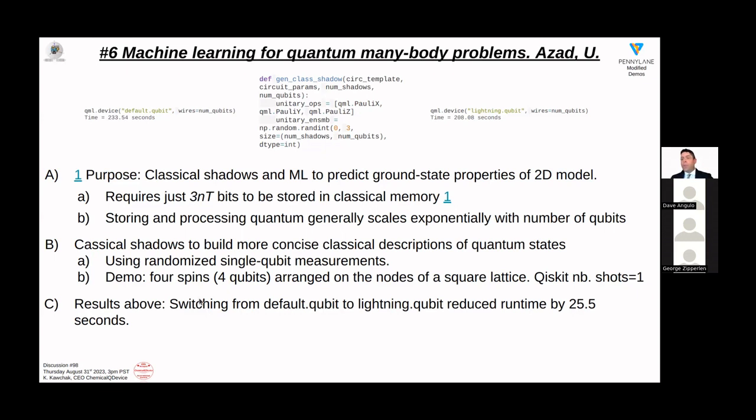So if you're coming in with a convolutional neural network with 4 pixels in that specific square, not the whole image, then that would be represented by a 4 qubit quantum circuit. So in this case, it's 4 spins, and the qubits are attached to each, so 1 qubit per spin for that specific thing.